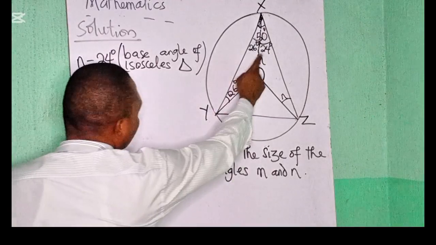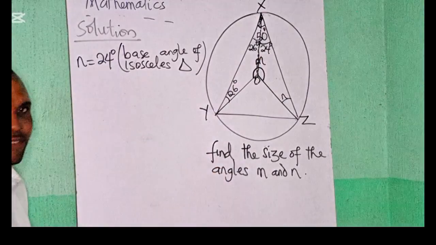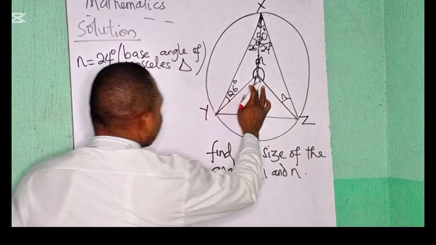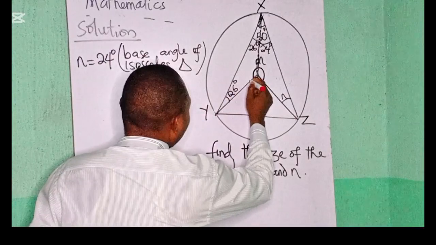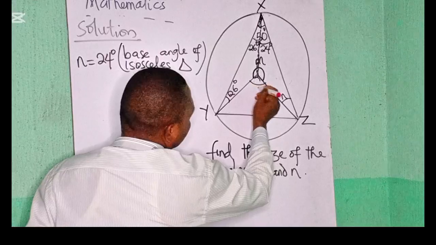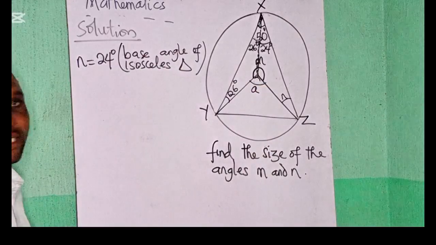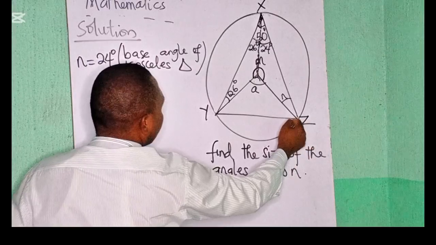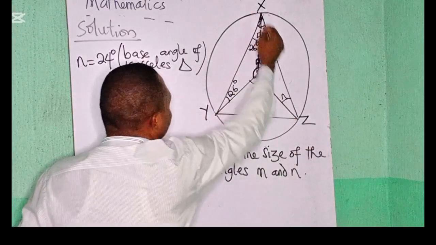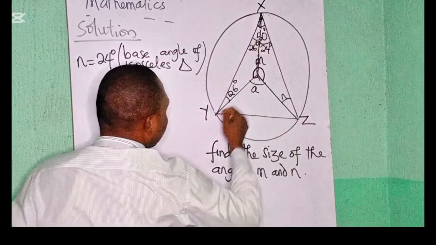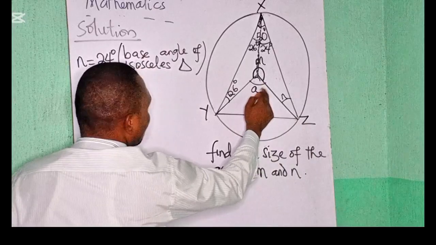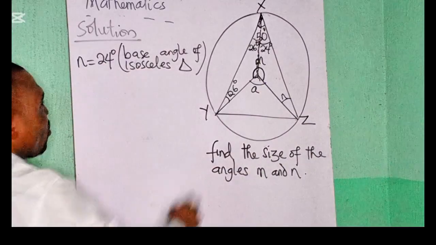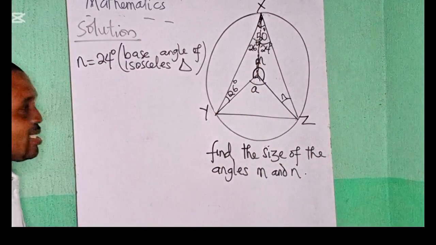Now we are asked to find m. So how do we find m? Now look at this. Let me call this angle here A. Am I communicating? Now remember that if I consider this shape, just look at my hand, I'm talking about the shape like this. Now this is the angle at the center, while this is the angle at the circumference.